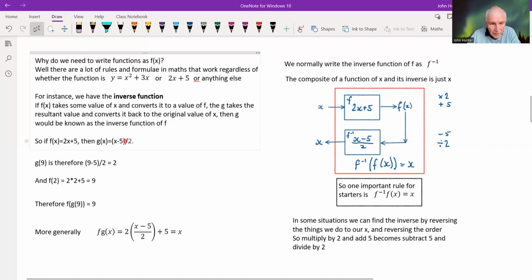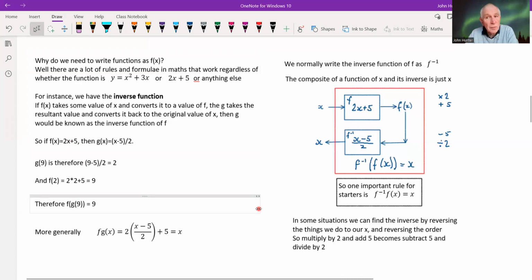So we've taken this and popped it into there, and that makes it a composite function. If we work this through, the 2's cancel, and then the 5's cancel out as well, and we're just left with x. So f of g of x equals x. So g is the inverse of f, and similarly, f is the inverse of g. Yin and yang. We normally write the inverse function as f minus 1, though.